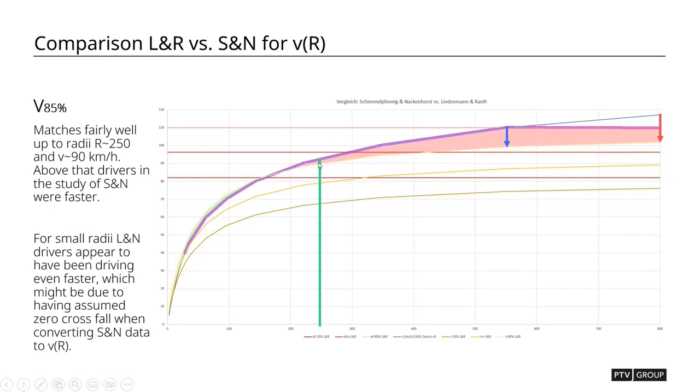And then the Schimmelpfennig and Nackenhorst drivers are faster. By and by they get faster, whereas the Lindenmann and Ranft drivers by and by approach the speed limit, eventually even going a bit faster than the speed limit is.